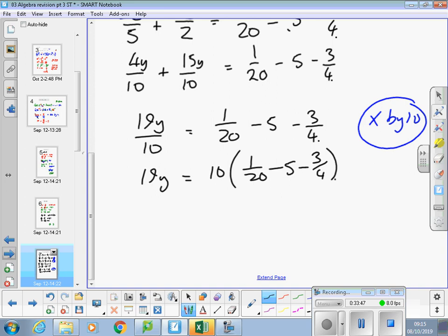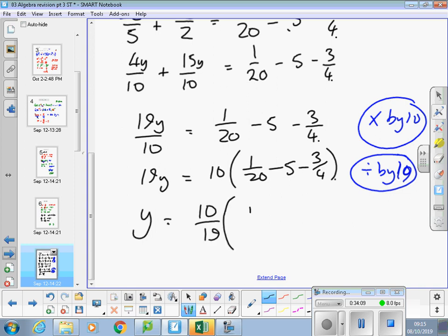Divide by 19, sorry, to finally end up with y is equal to 10 over 19, which means if you so want to, stick that in your calculator and get an answer.